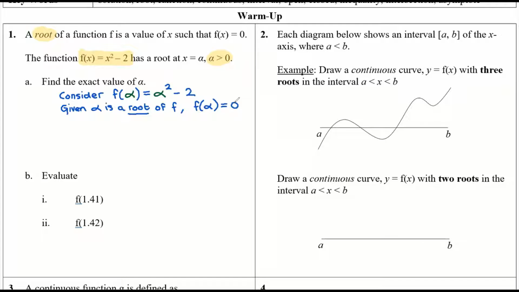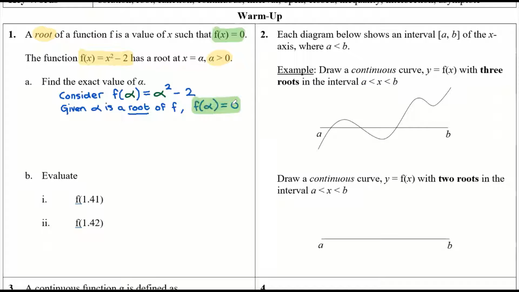Okay, so that's just using that rationale. Using the definition of a root, which we were given in the first line, we can now say that f of alpha must equal 0 because the root is the value of x such that f of x equals 0 and x is equal to alpha. So we simply have to solve this equation.